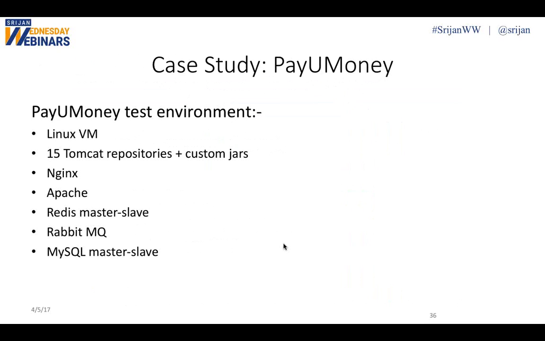A PayUMoney test environment consists of a Linux VM, about 15 Tomcat repositories, a lot of custom jars, Nginx, Apache, Redis master slave, RabbitMQ, a MySQL master slave combination, and many other newer components that were getting added as we were making the product stronger and stronger. Now the problem we were facing is that we had 40 testers in the team and a limited testing environment.